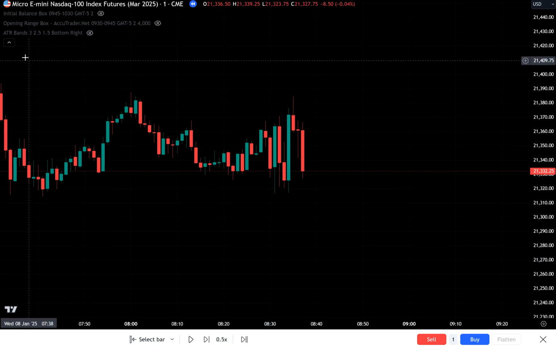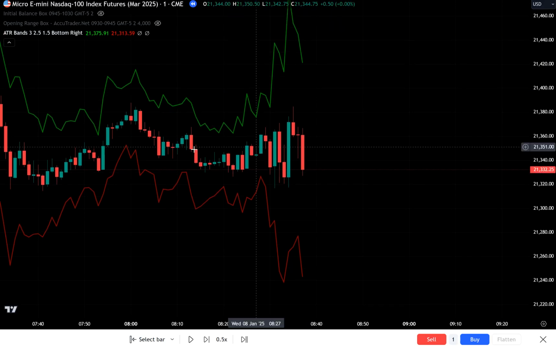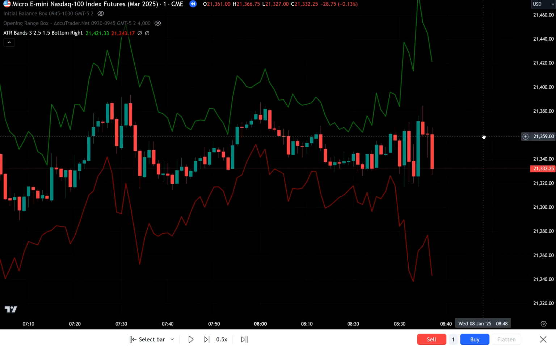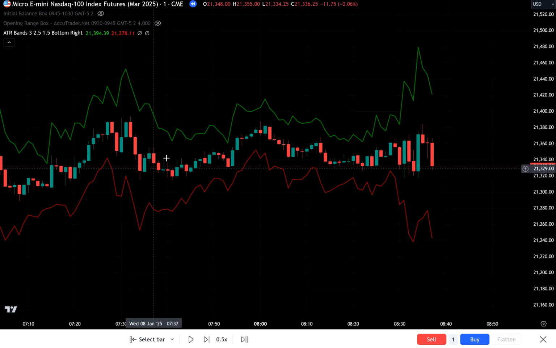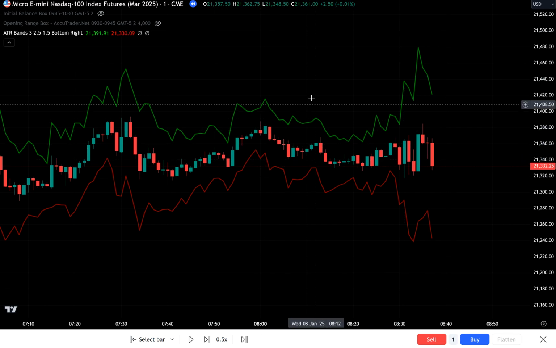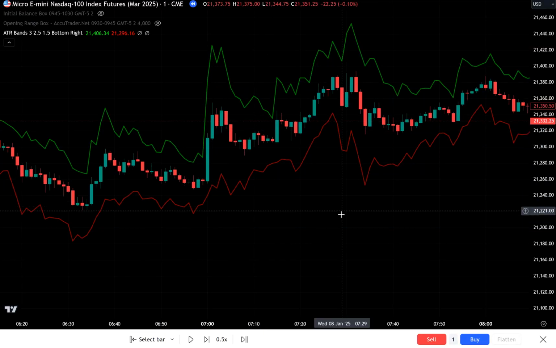It's an indicator on TradingView called ATR Bands, and let me just toggle this on once and show you. Okay, and so you see these green and red lines that are placed on the chart for you. And what they do is they show, based on the average true range, what kind of price movement you may be able to expect from the market.